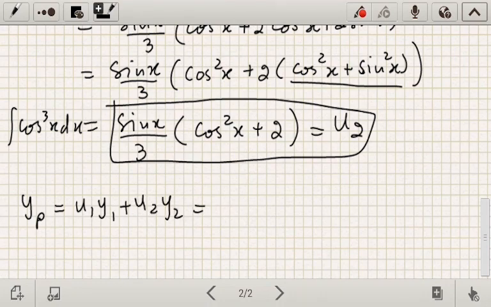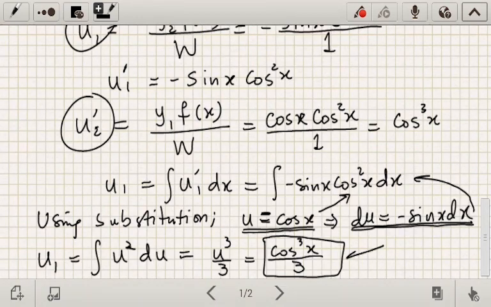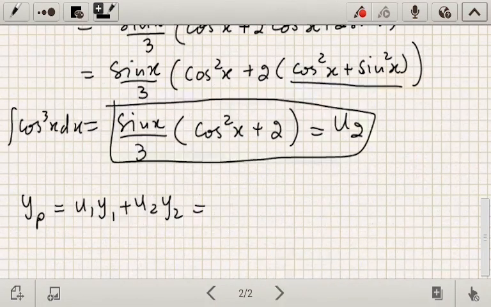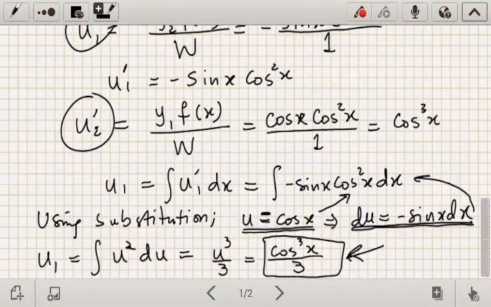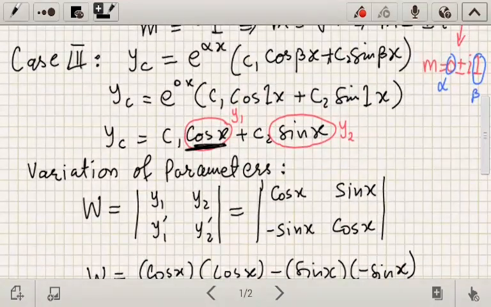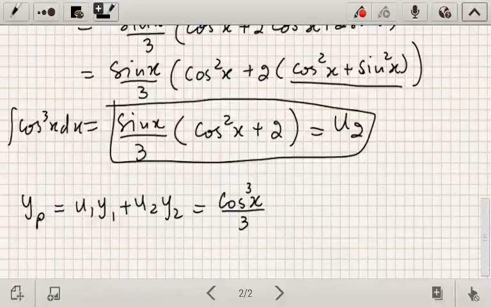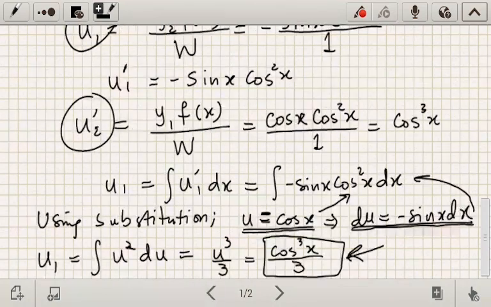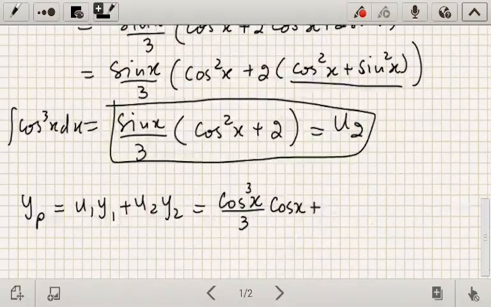Plugging in the value of u1, which is cos cube x divided by 3, and the value of y1, which was cos of x, I get cos x times that plus u2 y2. u2 we just found out from here.